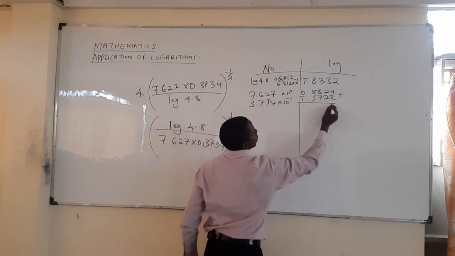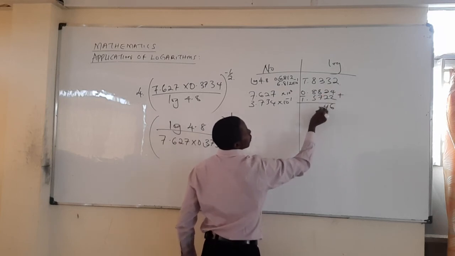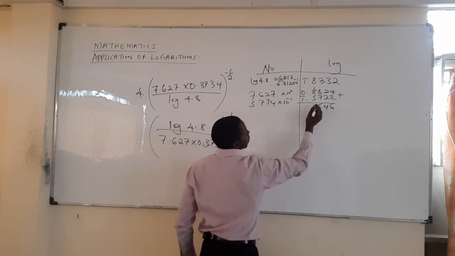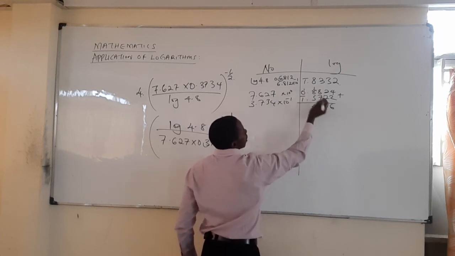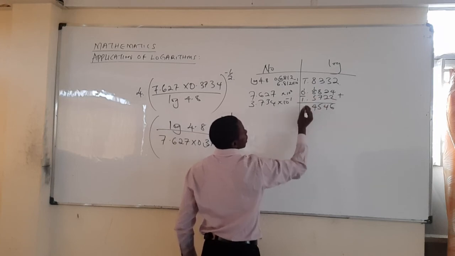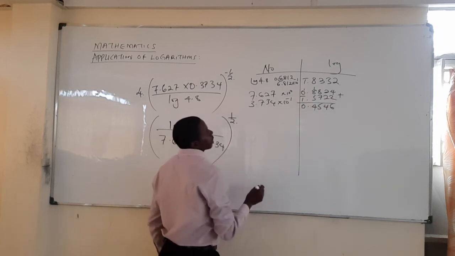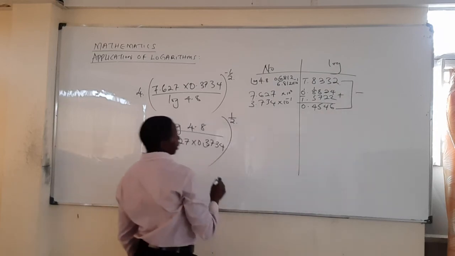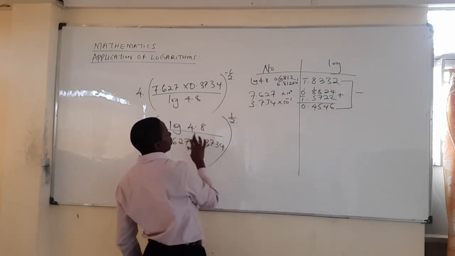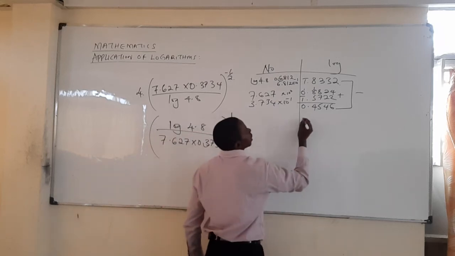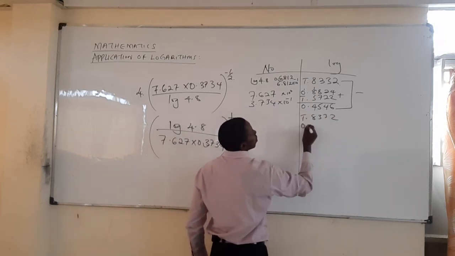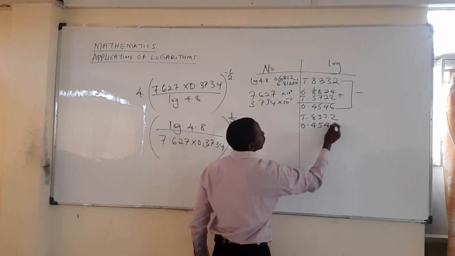4 plus 2, 6, 2 plus 2, 4, 8 plus 7, 15, 1, 8 plus 1, 9, plus 4, 14, then 1 plus minus 1 gets 0 point. So this is the denominator, and that was the numerator. We subtract the two because of the division sign between them here. So we get 1.8332, we subtract 0.4546.